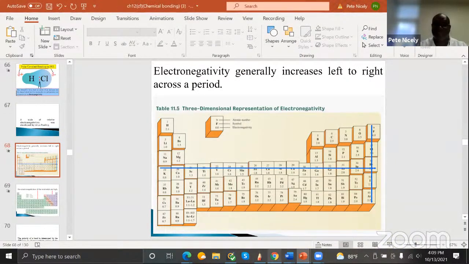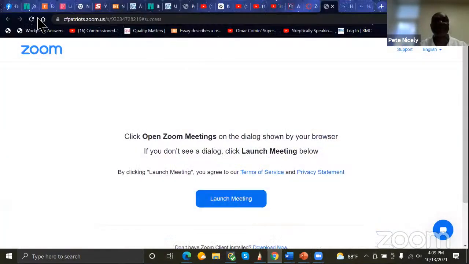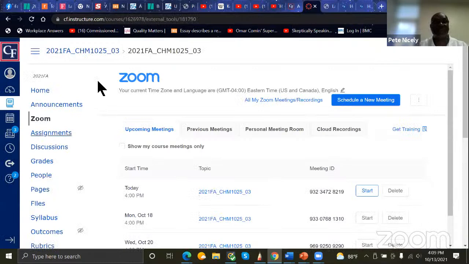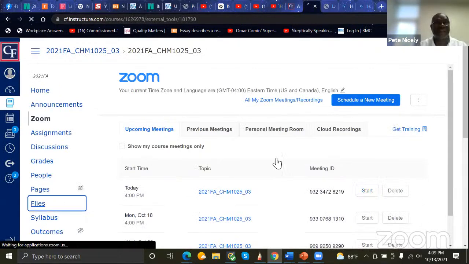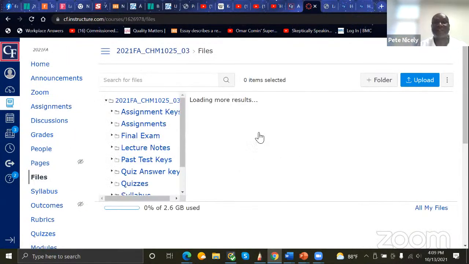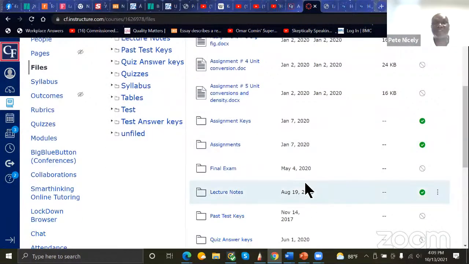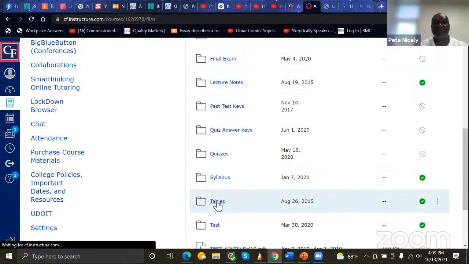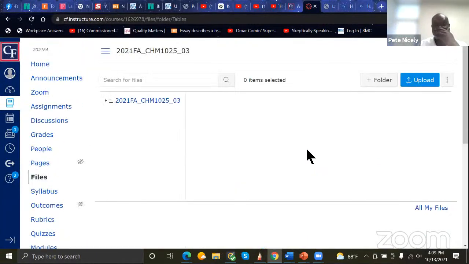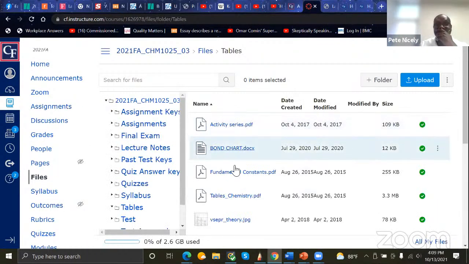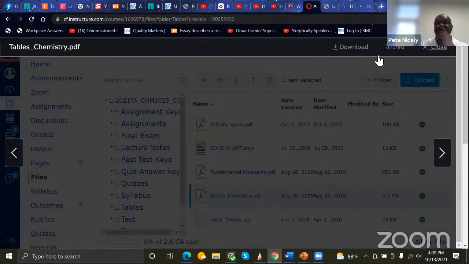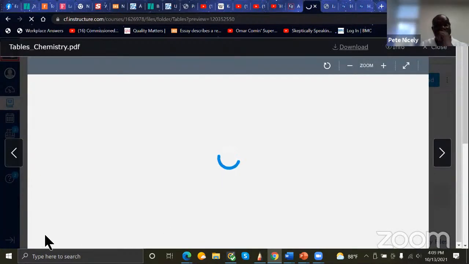It's located in Canvas. So let me go to the Canvas page for this course and show you where you'll find that table. So if you go to Files and then go to Tables and go to Tables Chemistry, and then download that.